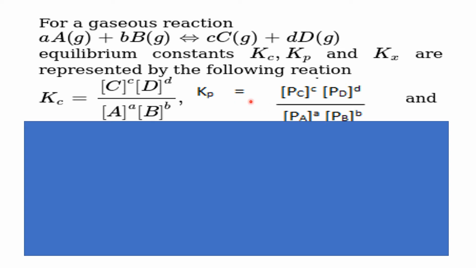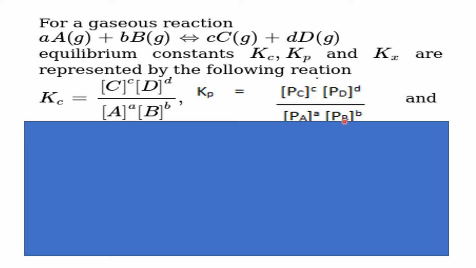So Kp is equal to Pc raised to c into Pd raised to d, divided by Pa raised to a into Pb raised to b, where Pc, Pd, Pa and Pb are the partial pressures of the products C, D and the reactants A and B respectively.